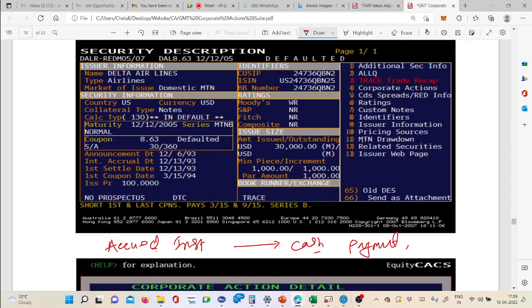Throughout the duration we have recorded, let's say, 1,000 as accrued interest, and on the payment date we have received only 900. You can see the break here, which is 100.